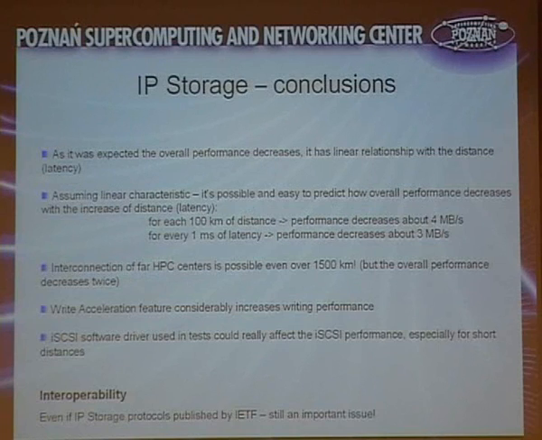Now I'm going to provide some conclusions. As was expected, the overall performance decreases with the increase of the distance. For us, interesting was the fact that it has a linear relationship with the distance.